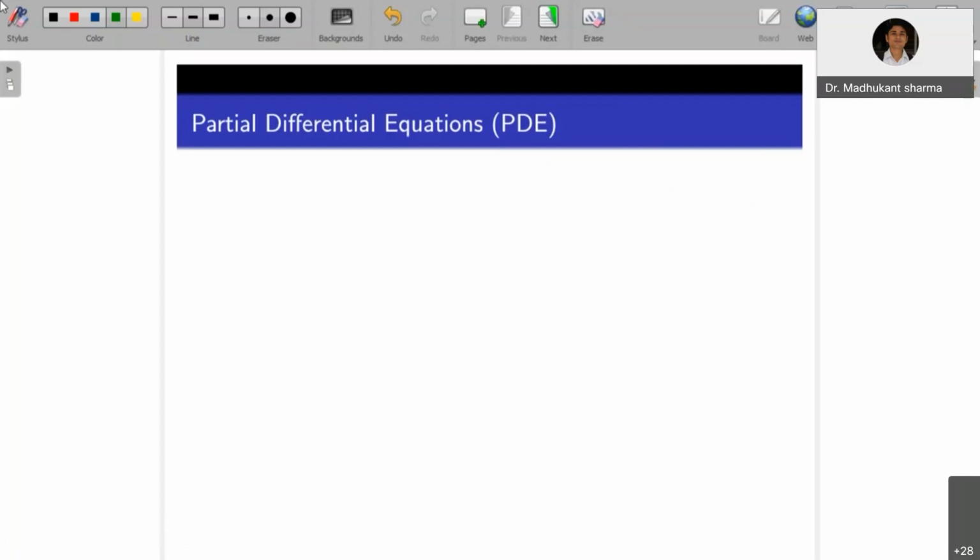For example, if you differentiate a family of surfaces, like a spherical surface, x square plus y square plus z minus c whole square equals a square.